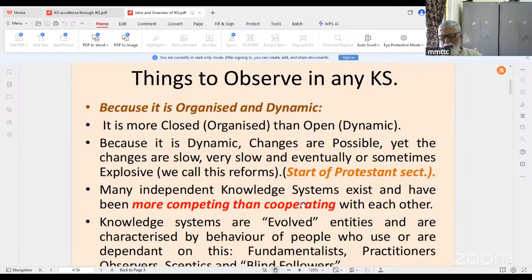Unfortunately, all these knowledge systems are more competing than cooperating. This is one problem that the world's humanity is facing, a tragedy. That is, every knowledge system, every culture tries to dominate and push, even if things are wrong, rather than learning from others and imbibing what is good in others.